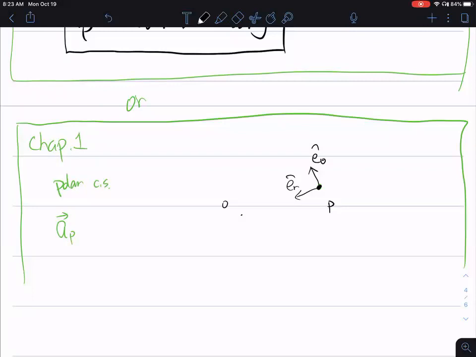I would change the direction of ER. ER should point from the origin towards the particle instead of from the particle pointing to the origin. So to set up your polar coordinate system, your ER should go this way.